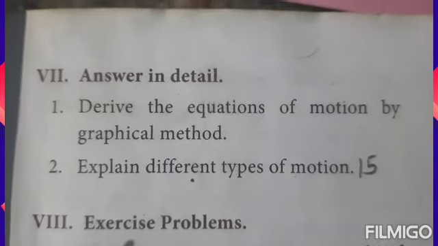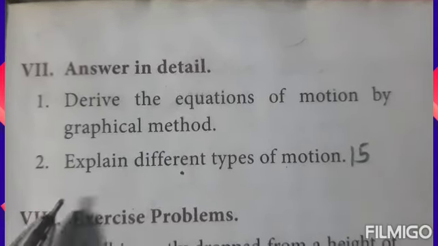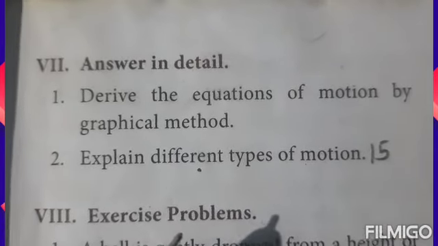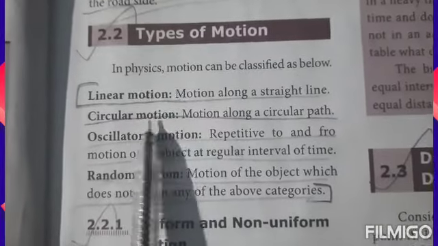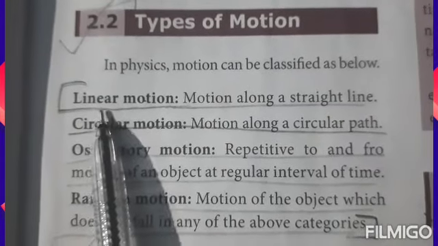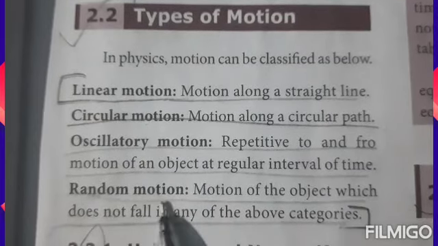Distance and displacement. You can mark the question. Take your book, chapter 2, Roman letter 7, second question: explain different types of motion. Page number 15, types of motion. The motion can be classified as linear motion, circular motion, oscillatory motion and random motion.